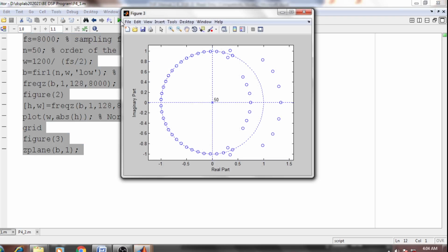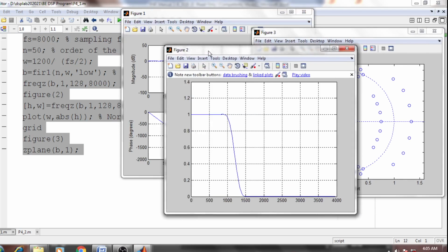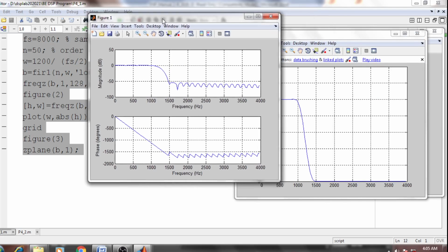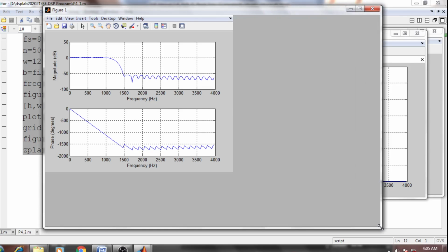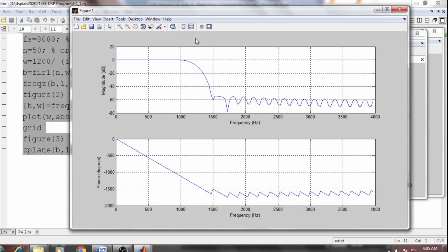Once you run the program, immediately three windows come up: first window, second window and third window. I am elaborating all the windows, what response we get from the execution. See here what frequency we have given, that is omega equal to 1200. So from this you get the magnitude and phase plot.